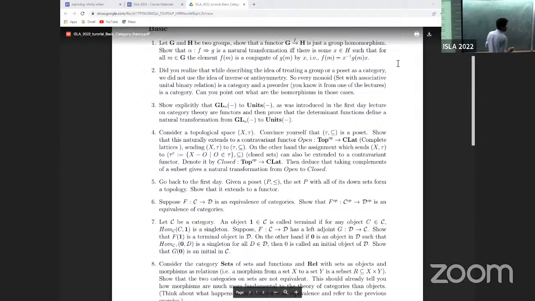So since the domain category, G viewed as a category, has a single object, if alpha is a natural transformation from F to G, then you're going to have just alpha star. If you view G as a category with star as object and morphisms as elements, then you are really going to have a single morphism in H, which is going to be from, let's say, F star to G star in this case.